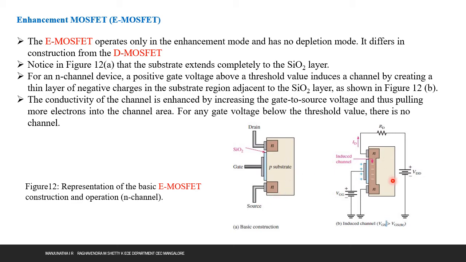Because of the accumulation of positive charges here, they attract negative charges from the N regions as well as the P substrate. That makes the accumulation of negative charges here, and it creates the N channel.